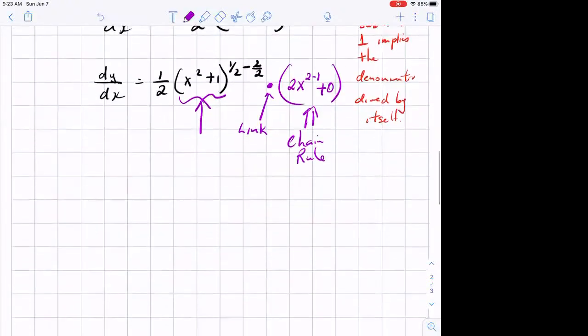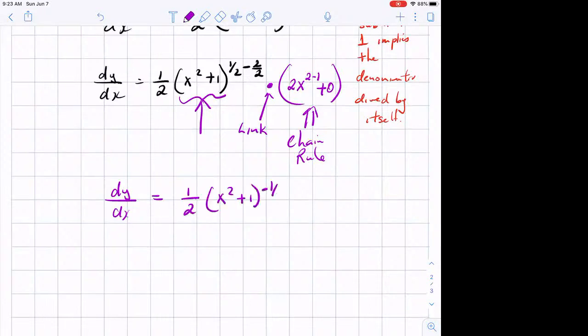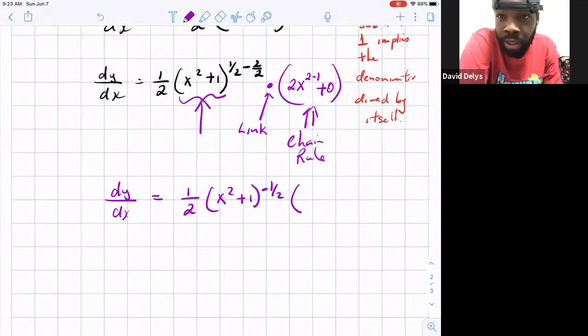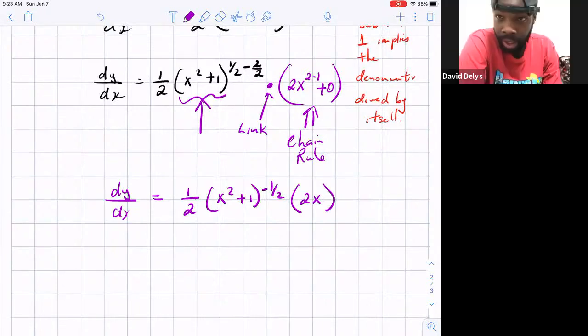Now we simplify. So we have dy/dx is equal to 1/2 (x squared plus 1) to the negative 1/2 power. I have a question. 1 second. Yes. 2x. Yes, questions? Yes.